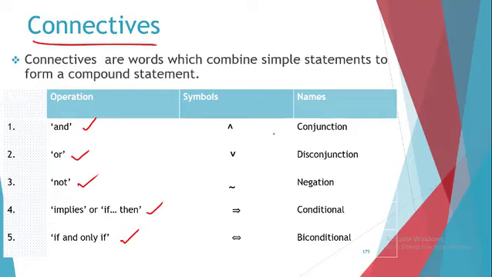I gave us their names and their symbols, where and is called conjunction, or is called disjunction, not is called negation, implies or if then is called conditional, and if and only if is called biconditional. In this lesson today we'll quickly explain these connectives one by one, and we'll start with conjunction.